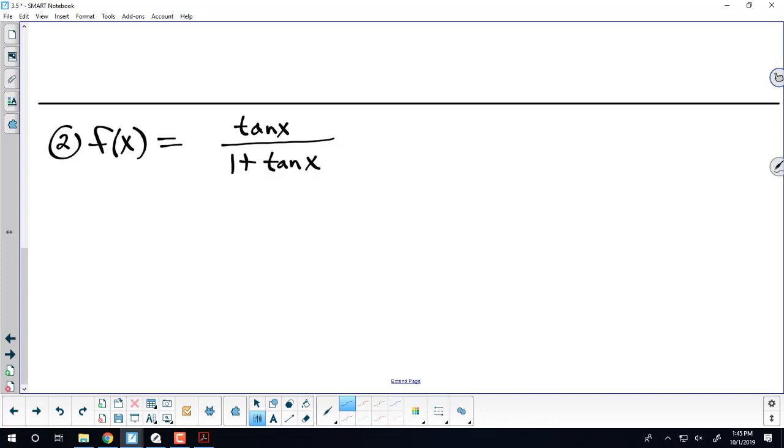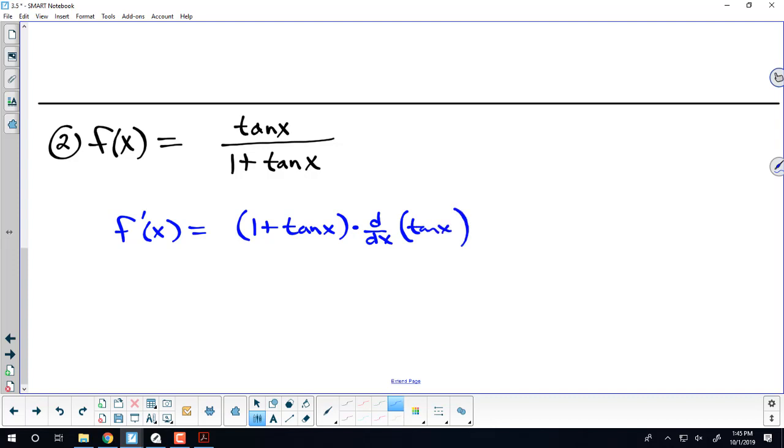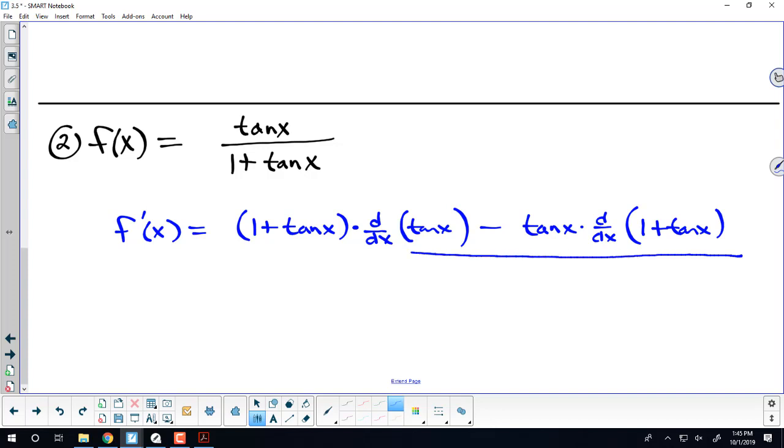The quotient rule, so that's going to look like the bottom times the derivative of the top, minus the top times the derivative of the bottom, all over the bottom squared.